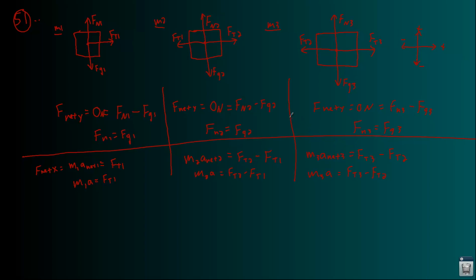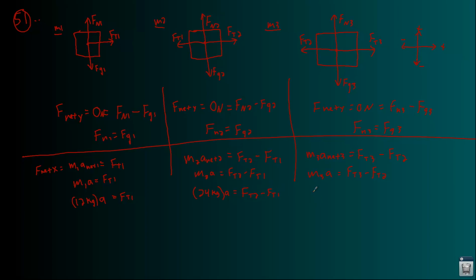And at this point, they tell us a bunch of things in the problem. For instance, M1 is 12 kilograms. So we'll just say 12 kg A equals Ft1. They give us M2 is 24 kilograms A, and they don't give us any of these tensions, Ft2 minus Ft1.